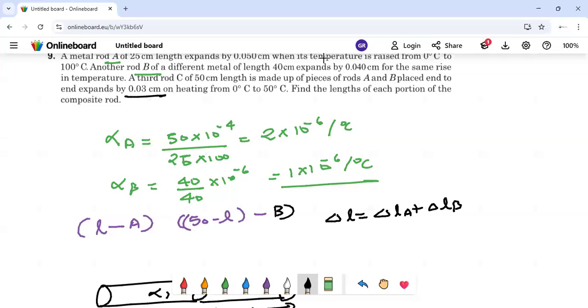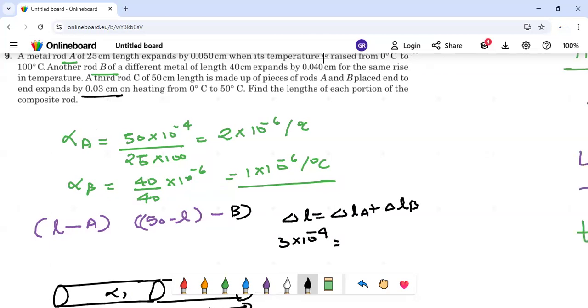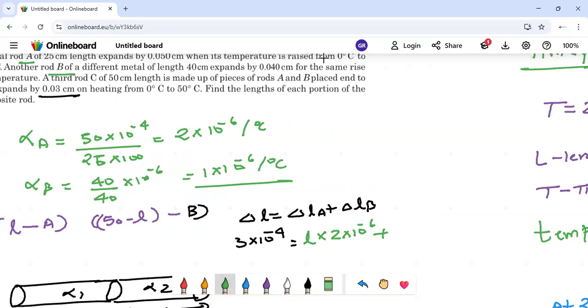So delta L is 3 into 10 to the power minus 4, that equals L into alpha of A plus (50 minus L) into alpha of B, into change in temperature.